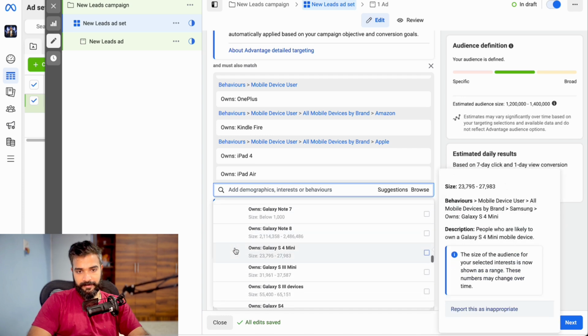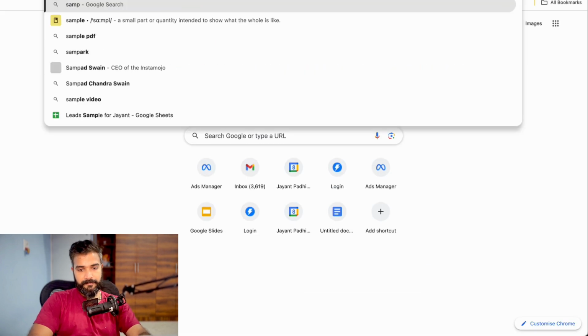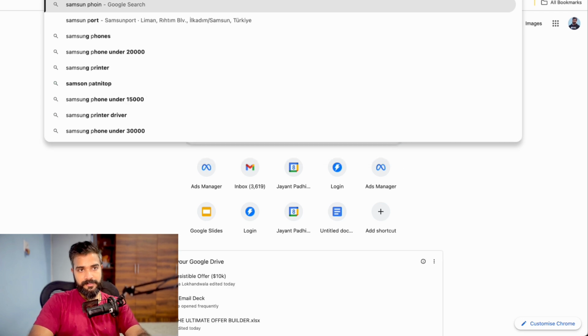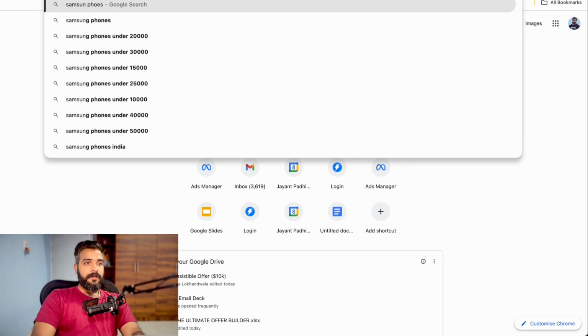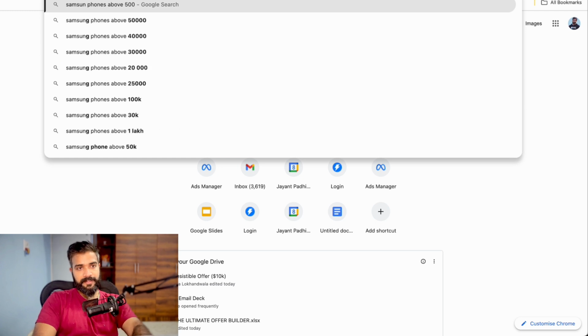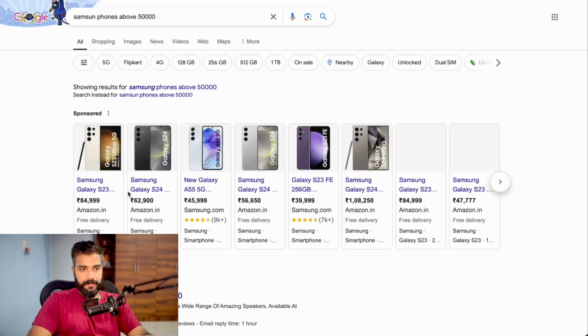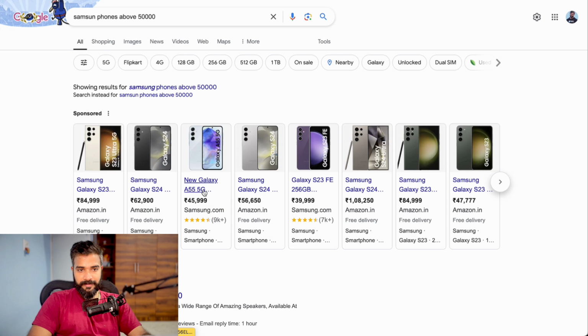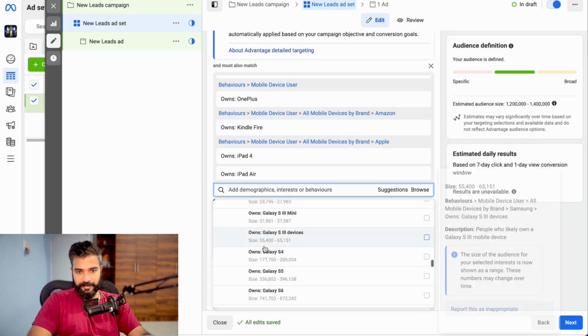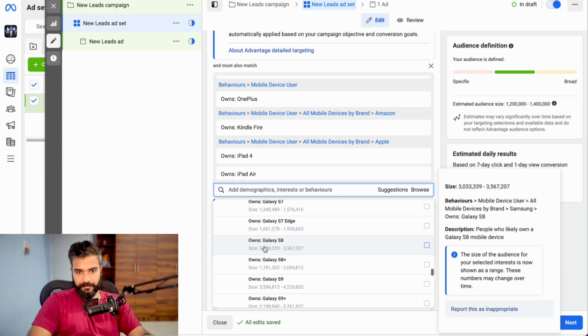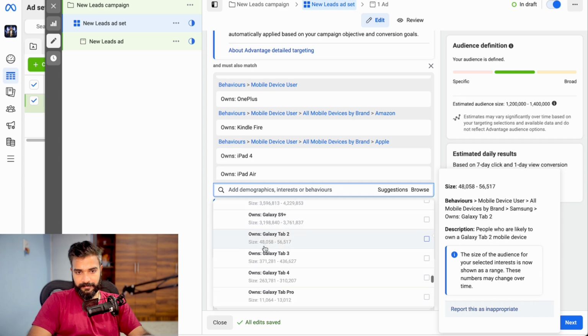Okay, do we have any Samsung phones? See, Samsung is very phones above 50,000. We got S23, new Galaxy A55, S20-ish is what we are getting, right? I don't know, dude.